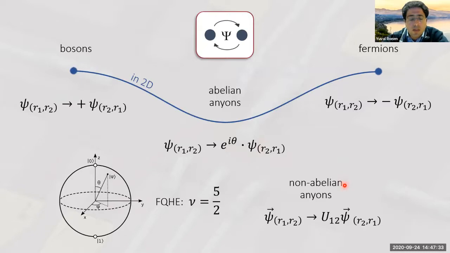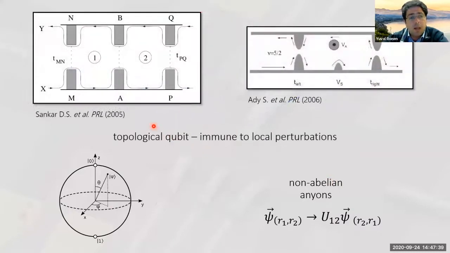Now, this is, of course, interesting by itself from a fundamental physics perspective, but you can also use it. There are proposed theoretical schemes of how you can create a topological qubit out of these non-abelian anyons. And this is important because in quantum computation, one of the major roadblocks these days is quantum error correction, and it's because the qubit itself is sensitive to noise.